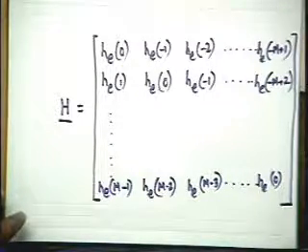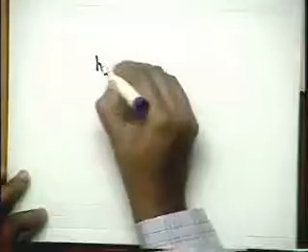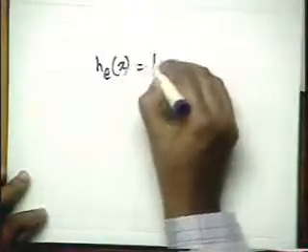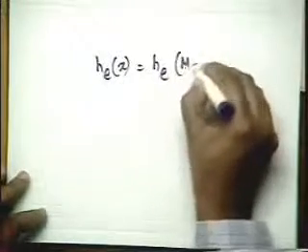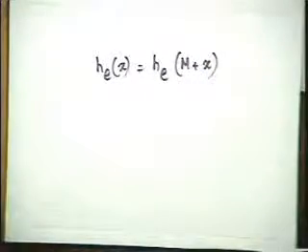Now, since we are taking samples of this H function, and basically we have taken capital M number of samples, naturally it is going to be periodic with a period equal to capital M. So we can straight away write the property that HE of x must be equal to HE of capital M plus x, always.